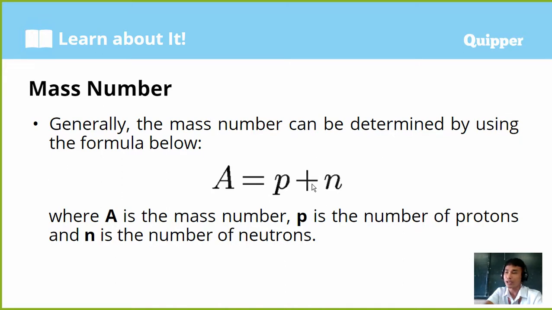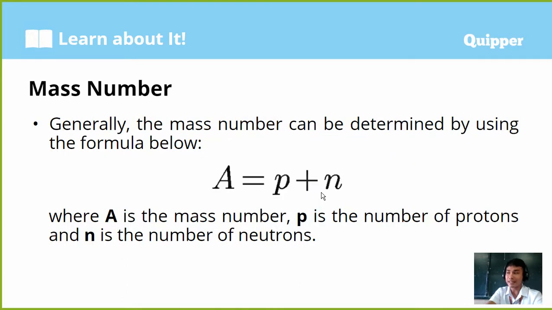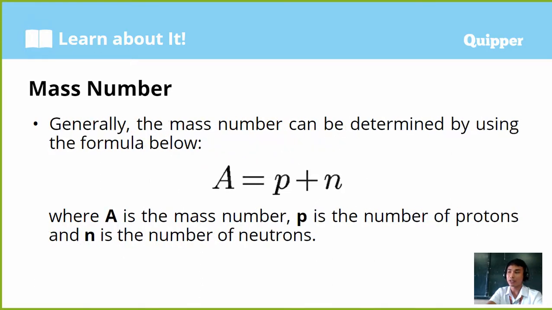Don't forget that. Since atomic number Z is the same as the number of protons, the formula can be written as A, which stands for mass number, equals Z plus N. You just replaced P with Z because they are the same.